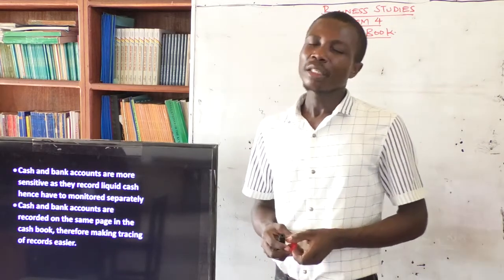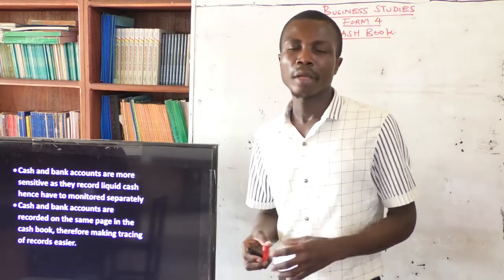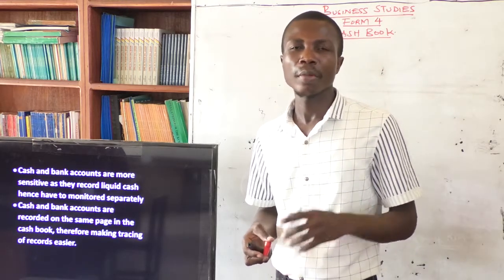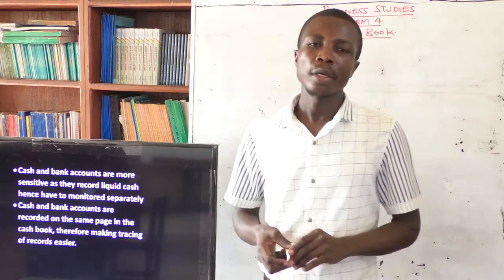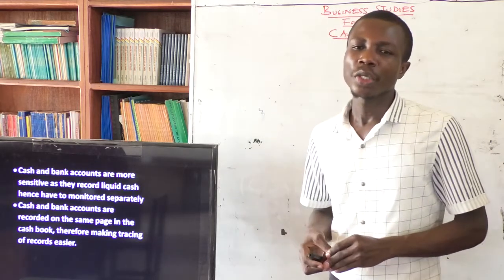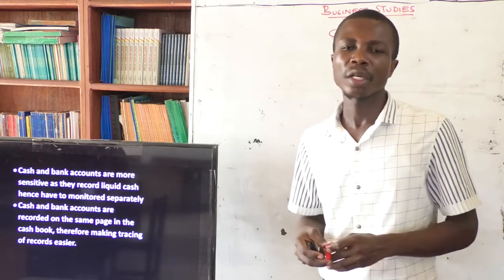Then the third purpose for preparing a cash book by the business or the company is that cash and bank accounts are recorded on the same page in the cash book and therefore make tracing of records easier.